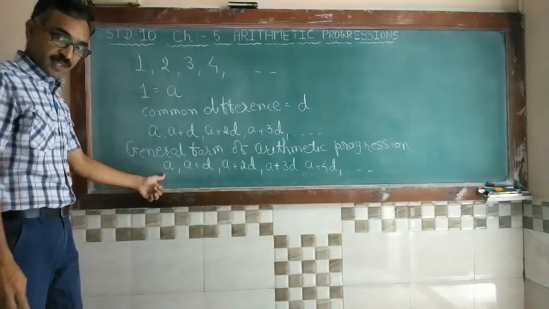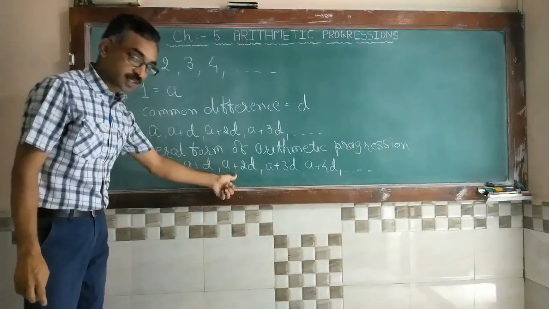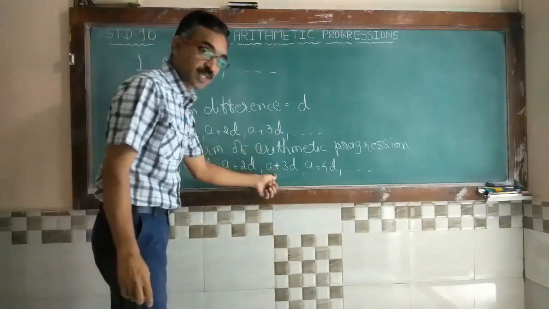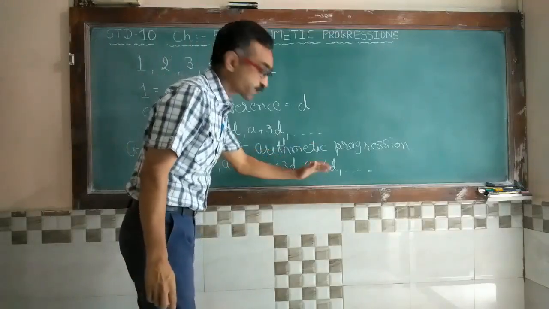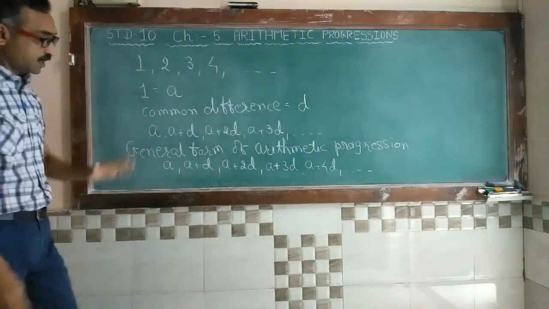First term is a, second term a plus d, third term a plus 2d, fourth term a plus 3d, fifth term a plus 4d, and so on.